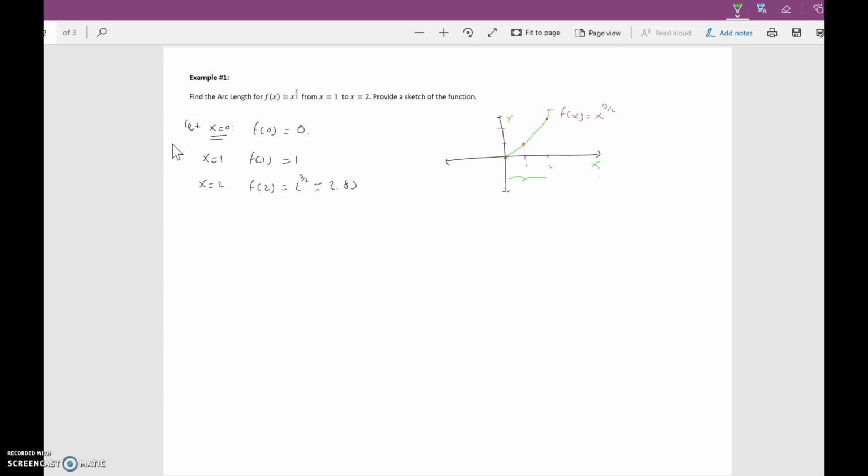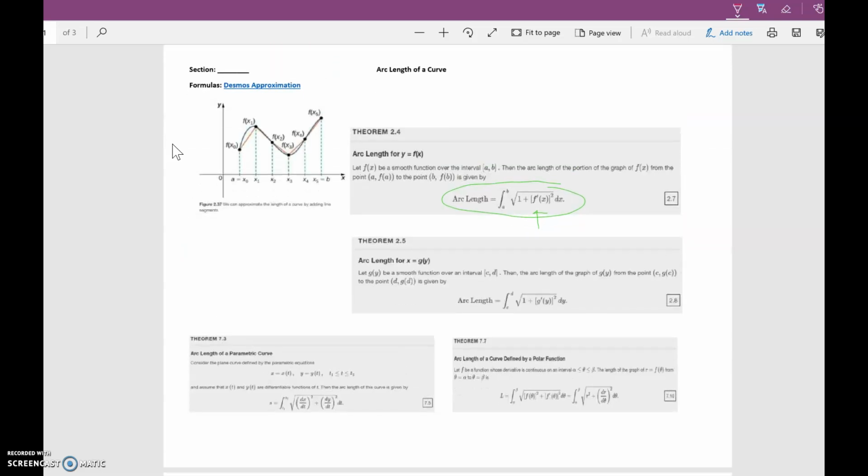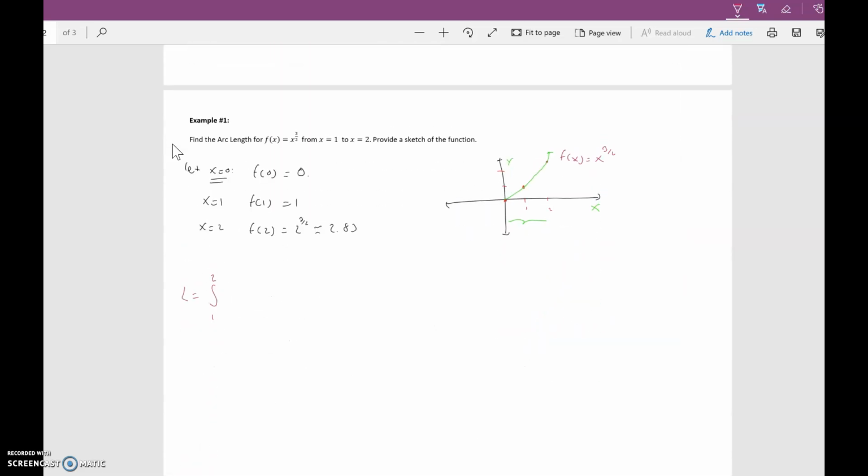Okay, so let's actually find L. In this case, L is going to be technically the integral from 1 to 2, and we're using the square root. So let me put the formula: square root of 1 plus f prime of x squared dx.